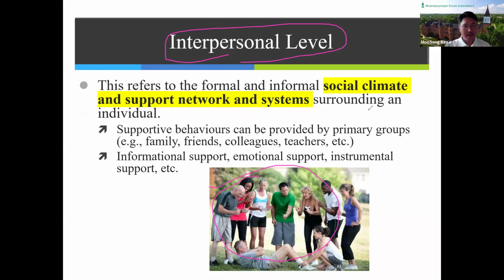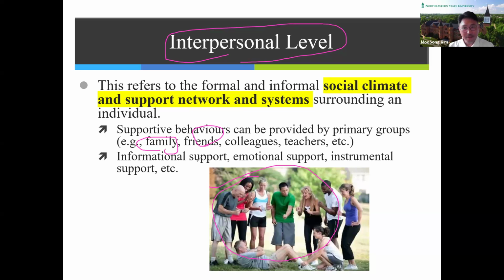It is more like social support between people. Supportive behaviors can be provided by primary groups like family, friends, colleagues, and teachers, especially family and friends. They are very, very important significant others who affect health behavior.